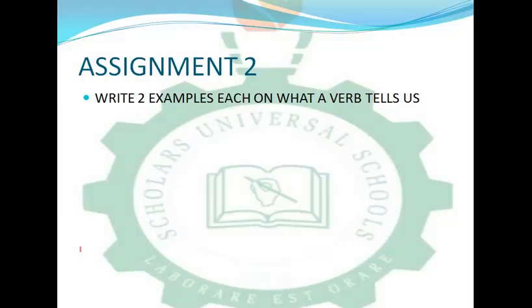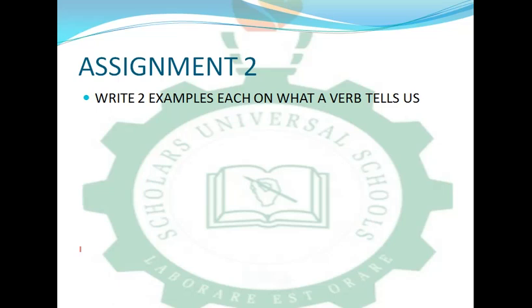Now, assignment 2. Write 2 examples each on what a verb tells us. Good. Looking at what a verb tells us, you can see how I was able to whittle that down, that is, explain in detail with examples.